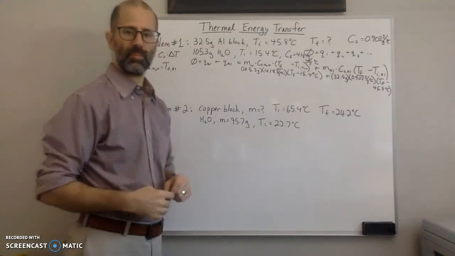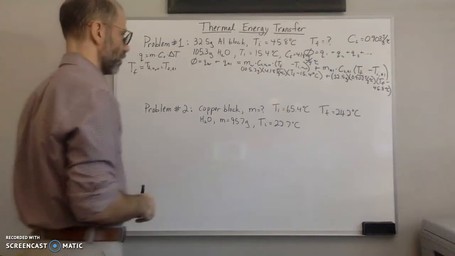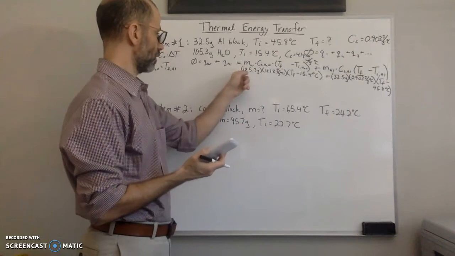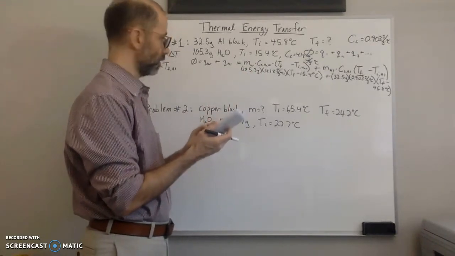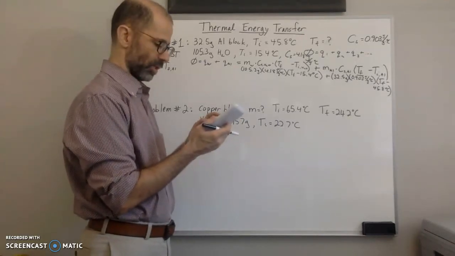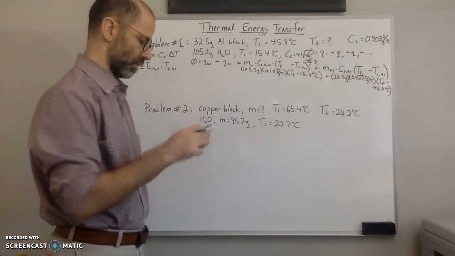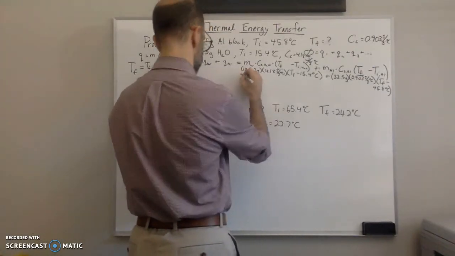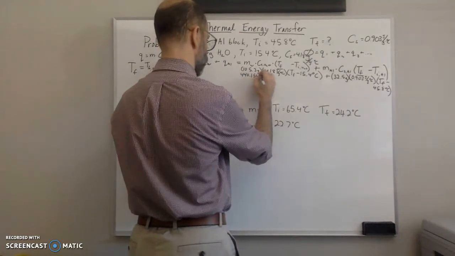Okay, so here it's just more of a math problem. So now you multiply 105.3 times 4.18, and that's going to give us 440.154.